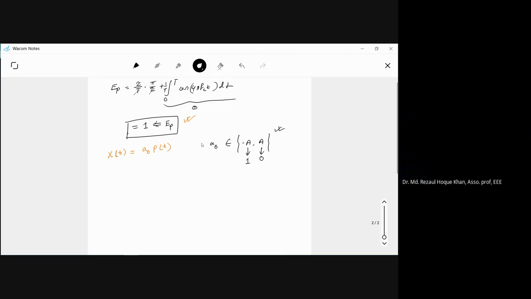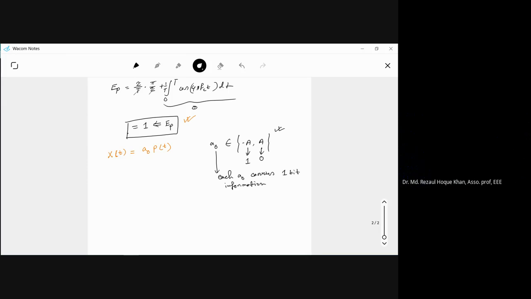In our example, we took a series of data stream, something like 0 1 0 1 1 0 1 1. Now here, each a0 carries 1 bit of information, either 1 or 0. We covered this concept earlier.